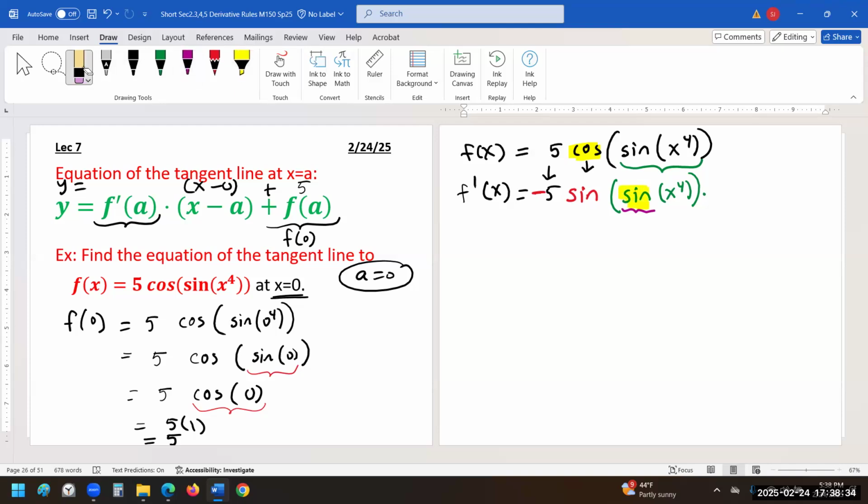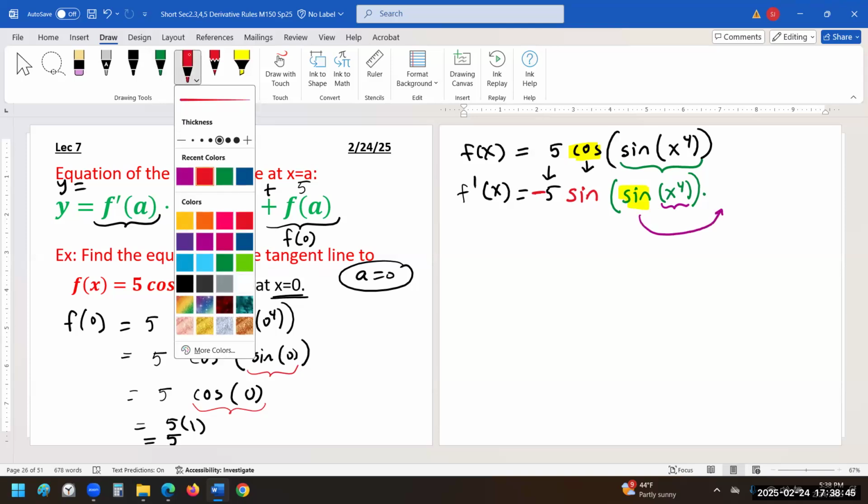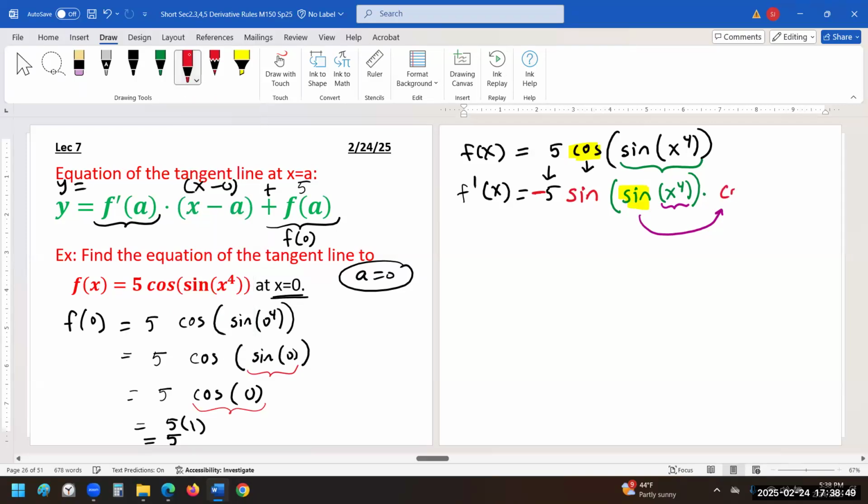But we have to keep our x to the 4 alone. So what is the derivative of sine? Cosine without any negative sign. But since we have to leave the inside the same, it's x to the 4. So we took the derivative of the first function, then the derivative of the second function, and now we still have one more function left. That's x to the 4.